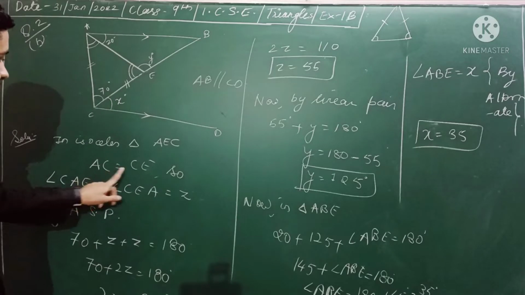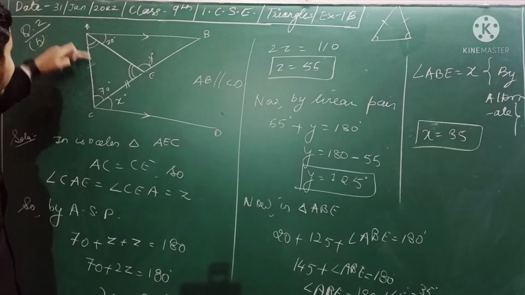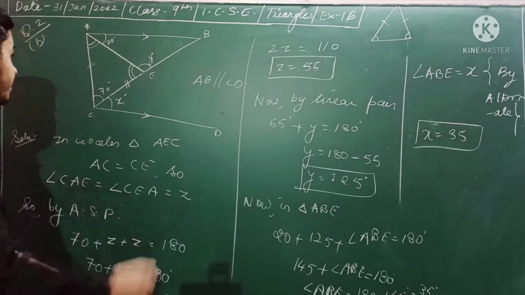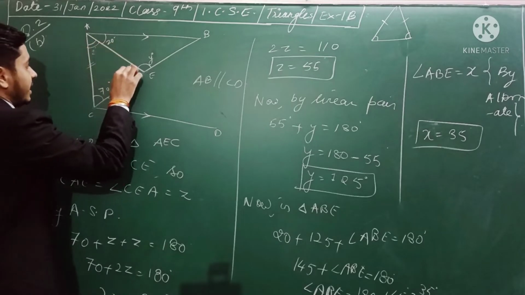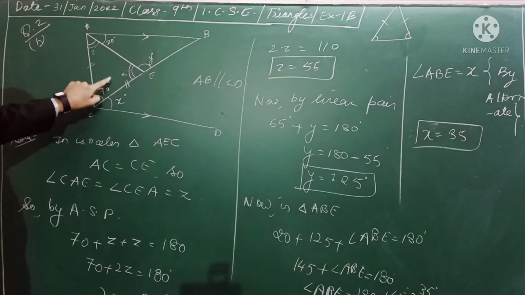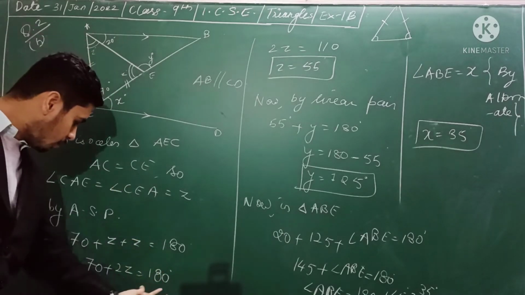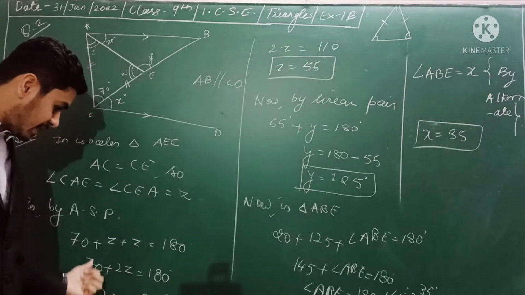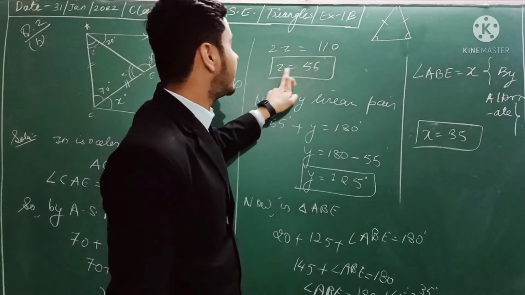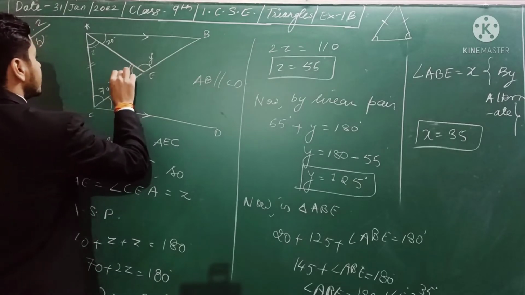So angle CAE is equal to angle CEA, which I have considered as Z. By the angle sum property in this triangle, 70 plus 2Z is equal to 180. 2Z is equal to 180 minus 70, so 2Z is equal to 110. Z will be equal to 55. So we got the value of Z, which is 55.